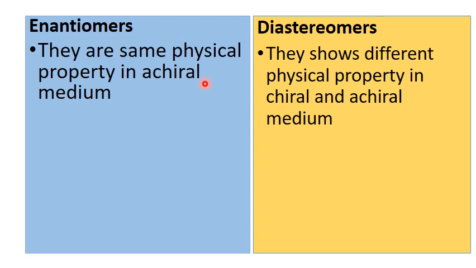They have different melting points. They have different boiling points. But enantiomers will show the same melting point, etc. Enantiomers only show different physical properties in a chiral medium. In an achiral medium they have the same physical property.